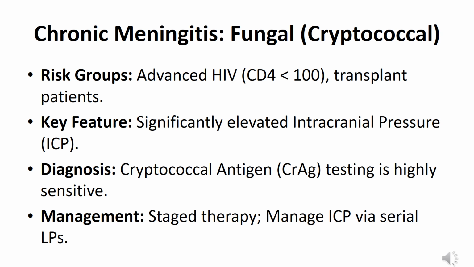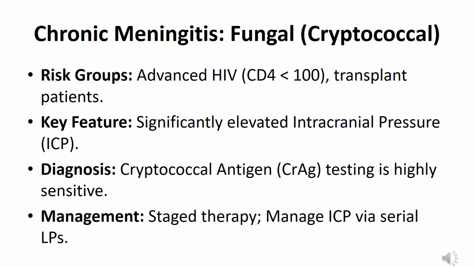One of the defining features of cryptococcal meningitis is markedly elevated intracranial pressure, or ICP. This is more than just a laboratory finding. It has major clinical consequences and often contributes significantly to patient symptoms and outcomes. Patients commonly report persistent headaches that gradually worsen over time.